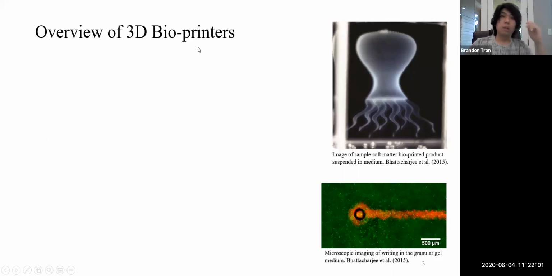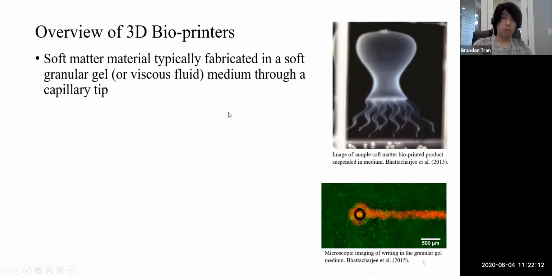So, overview of 3D printers. Let's just get started with this slide. Essentially, what most 3D bioprinters intake is a soft matter material or a medium, something like a granular gel or a viscous fluid.